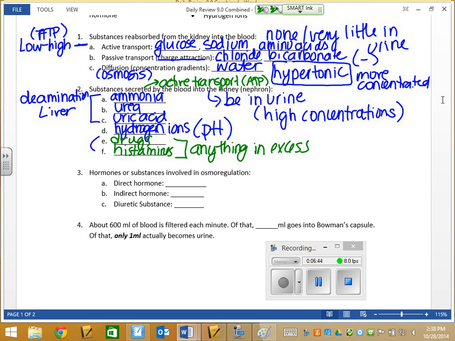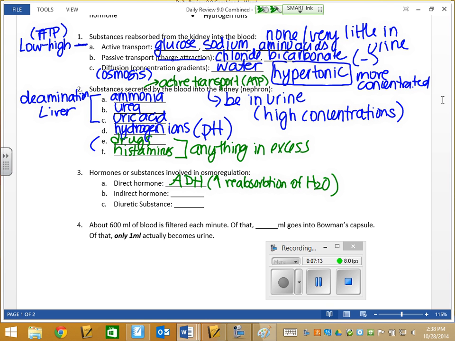Now for the hormones, the hormone that is directly involved in osmoregulation is ADH, antidiuretic hormone. We saw yesterday that it increases the reabsorption of water. So it acts directly on your nephron to make it more permeable to water, so more water is reabsorbed.